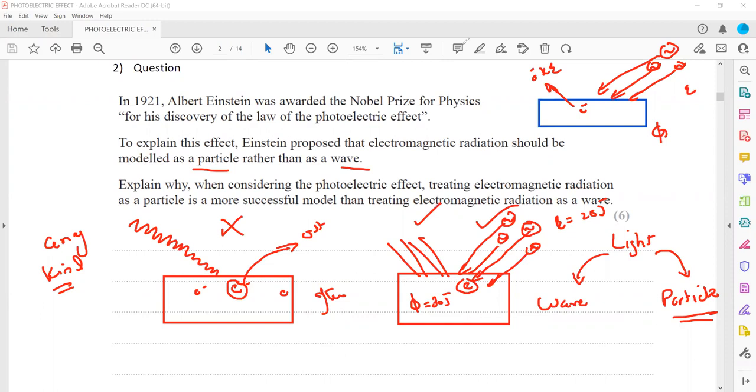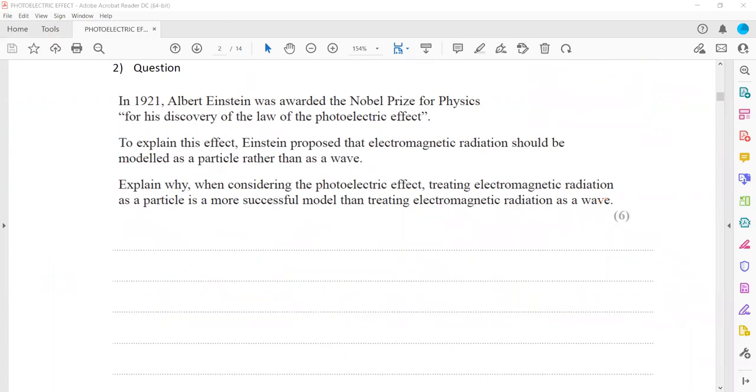So when you write the answer for this, what points should you consider?